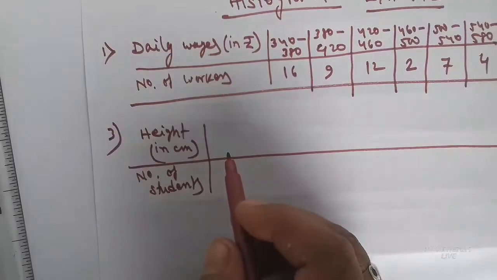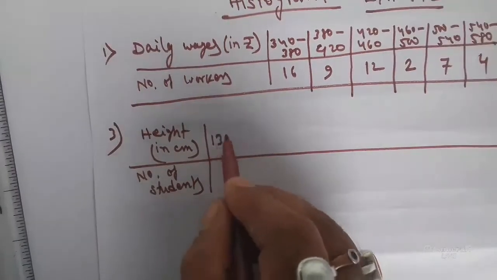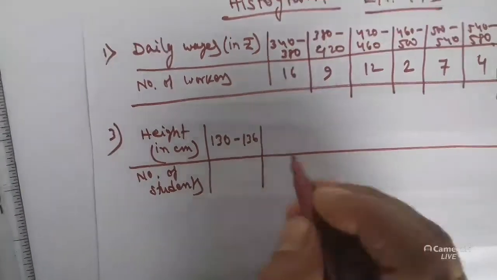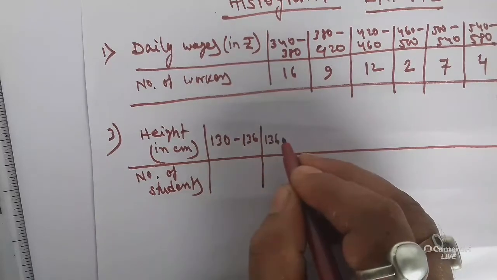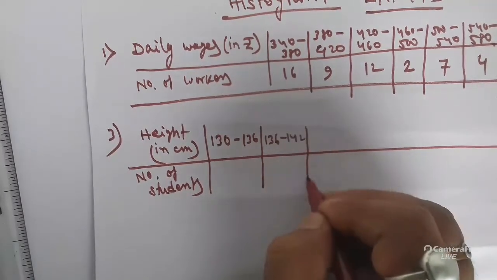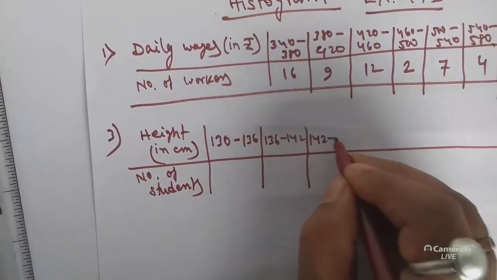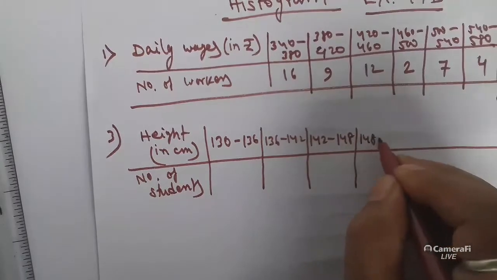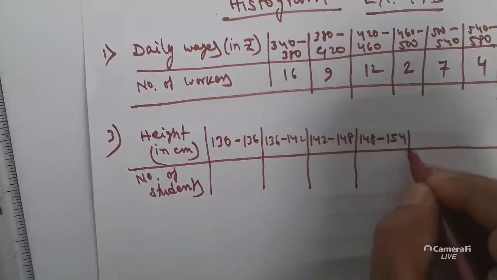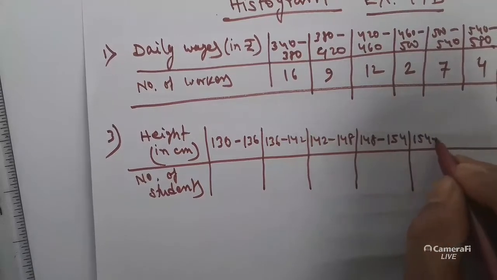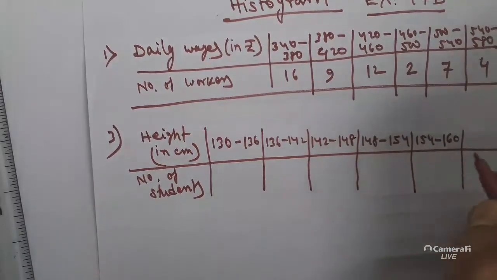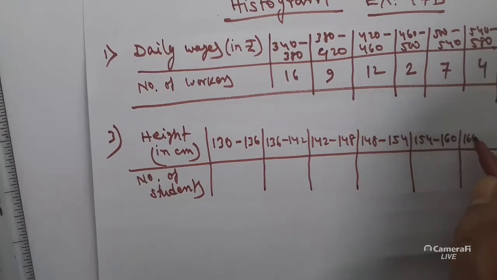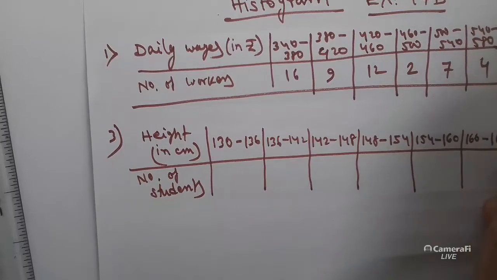So first one is 130 to 136, then 136 to 142, then 142 to 148, then 148 to 154, then 154 to 160, and 160 to 166.